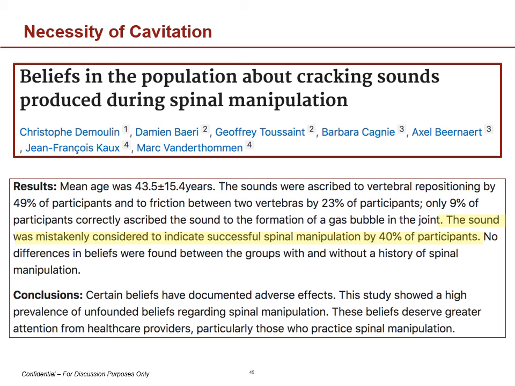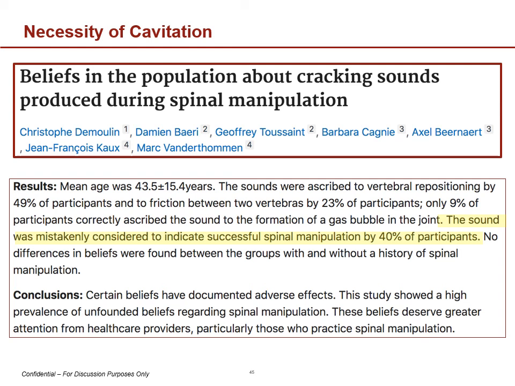Similarly, if you as a practitioner think, hey, this is going to make this patient feel better if I hear a cavitation, they will feel better. Your energy, your thought, your perception on the situation can carry over to the patient, and hence they believe it too.